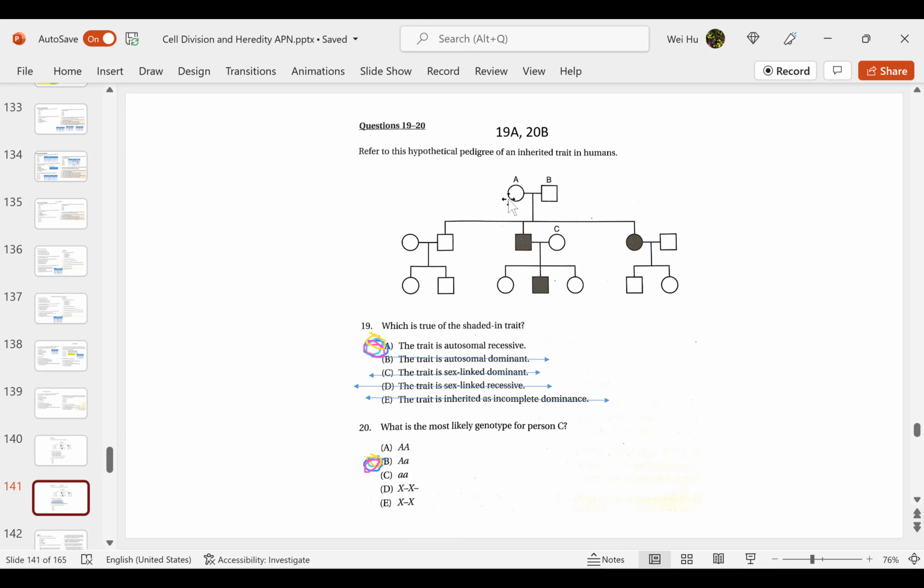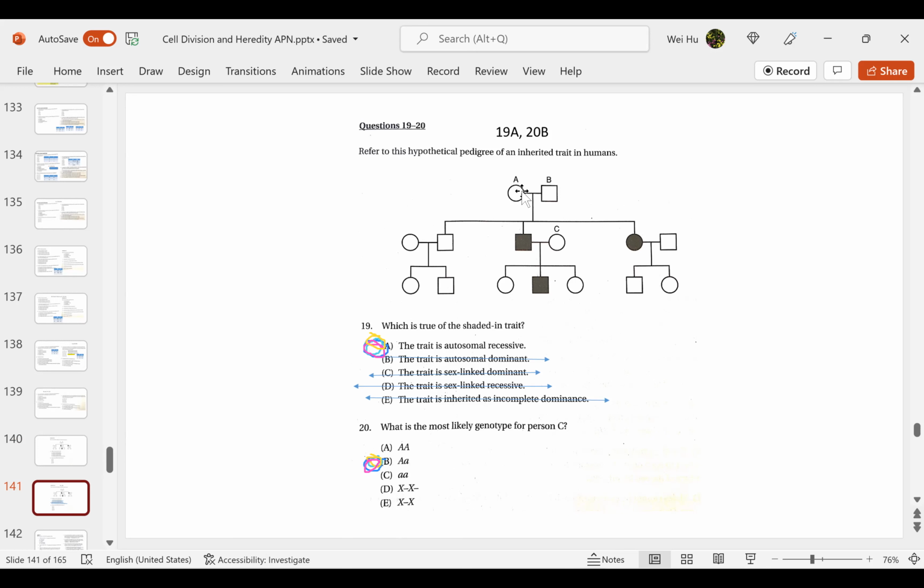So second, you have to decide whether they are autosomal or sex-linked. So let's say you assume it's sex-linked. Okay, so you say it's X-linked. So let's see. If it's an X-linked recessive disease, it means that the disease alleles are on the X chromosome.